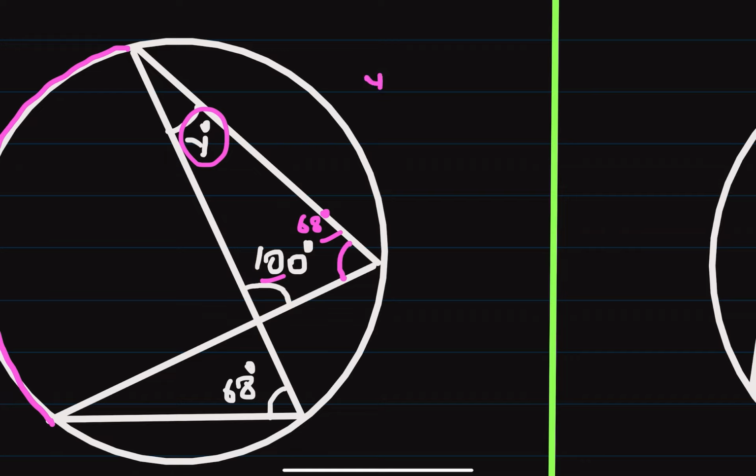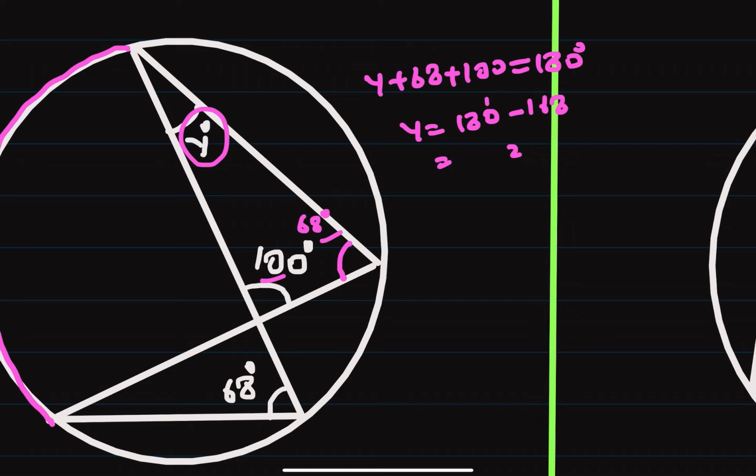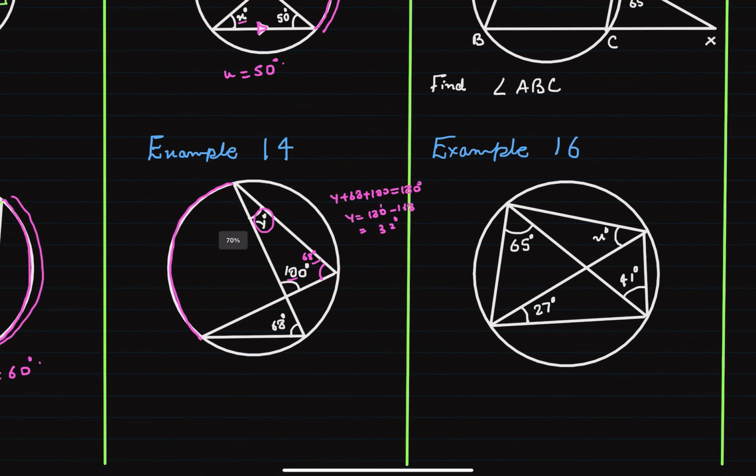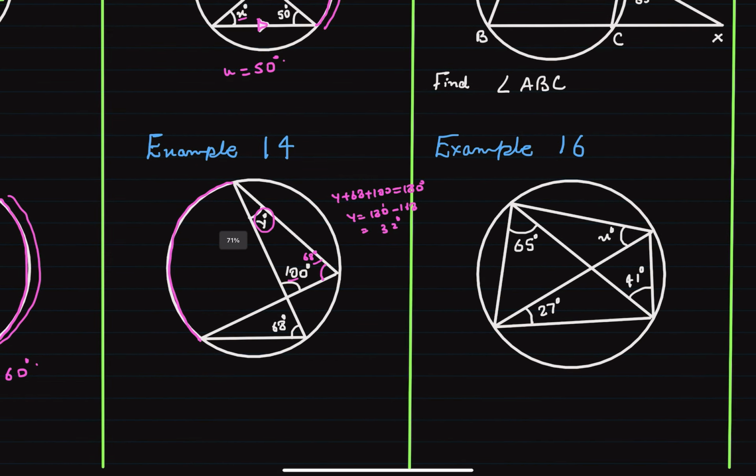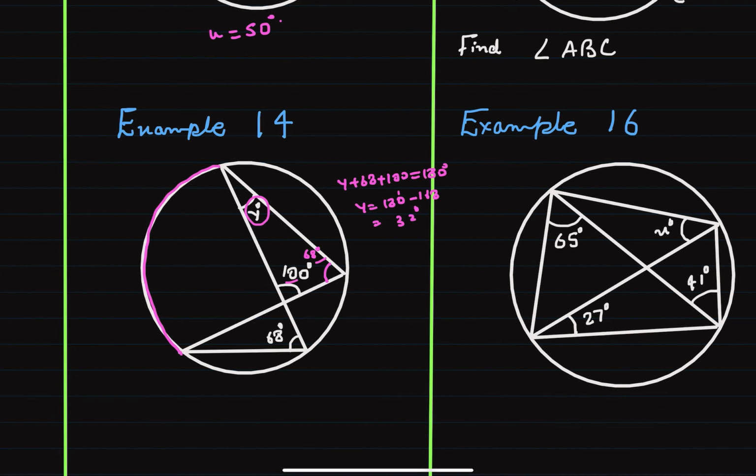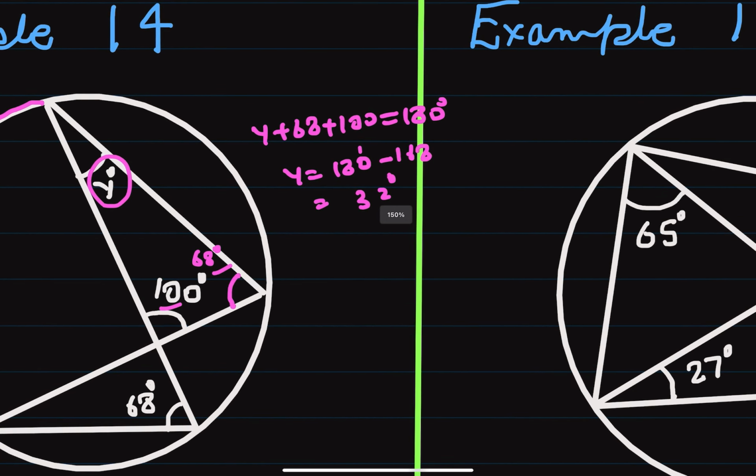So y plus 68 plus 100 should sum to 180. That y equals 180 minus 168. 10 minus 8 is 2. 9 minus 6 is 3. This equals 32. Oh, sorry, 12. 7 minus 6 is 1, so 12. Right?